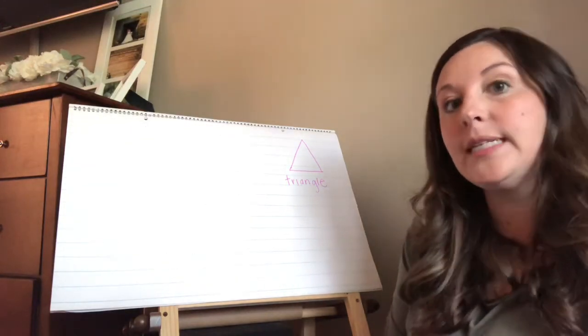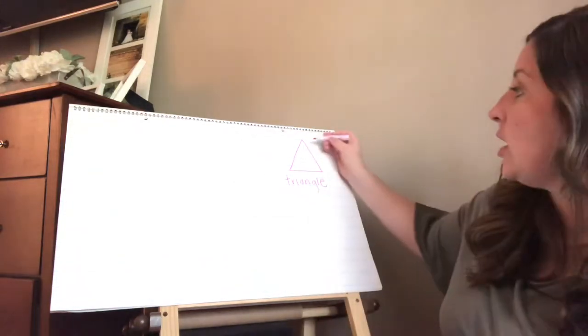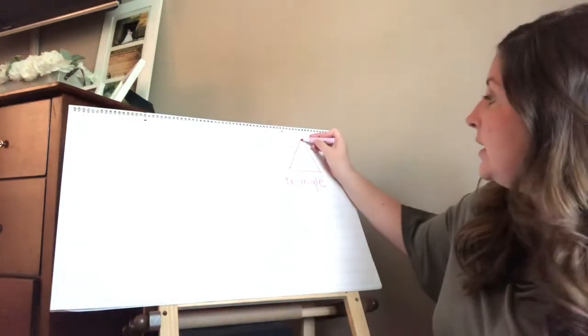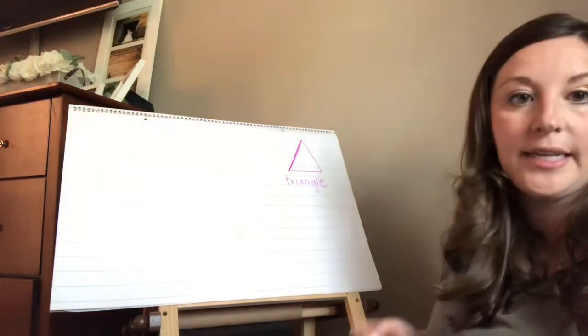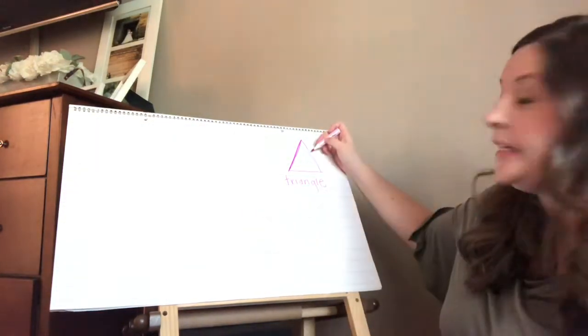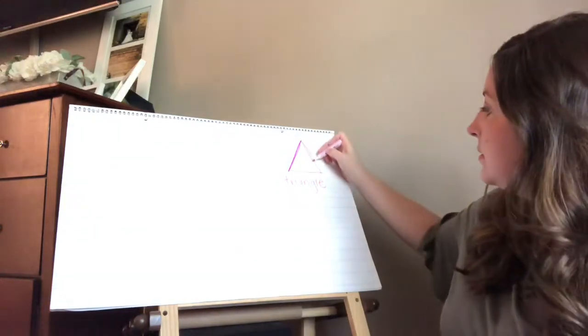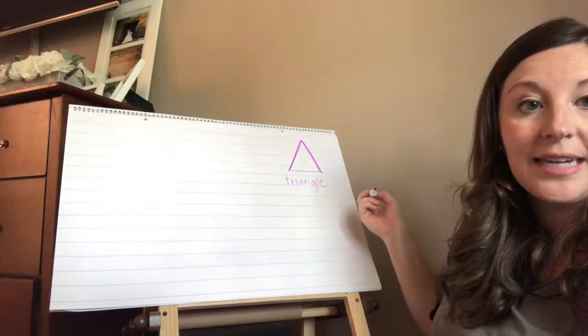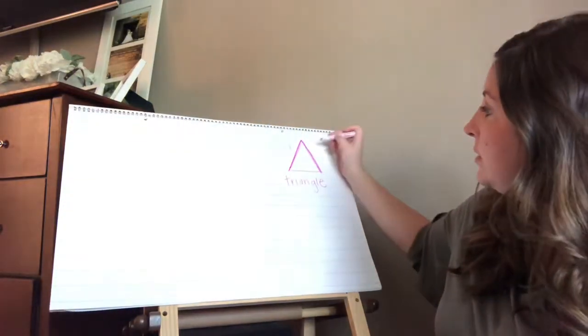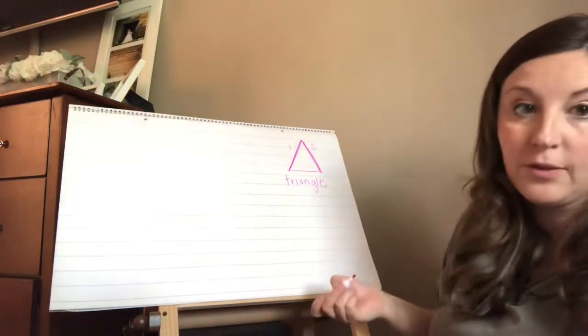So when someone says how many sides, when we talk about lines, like right here, this is a side, so that's one. Here's another line. That's another side, that's two. So I'm going to number them, 1, 2, so we don't forget.